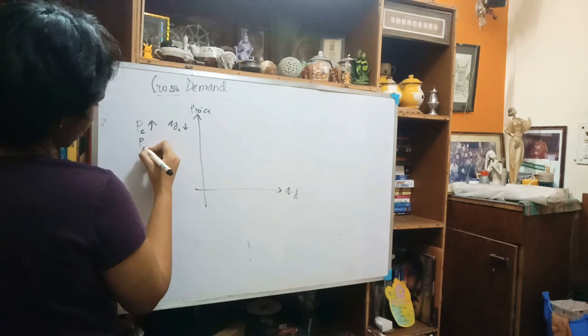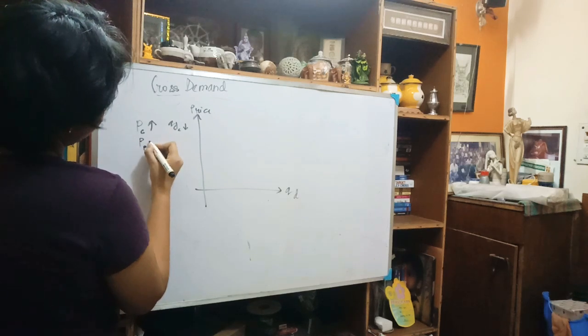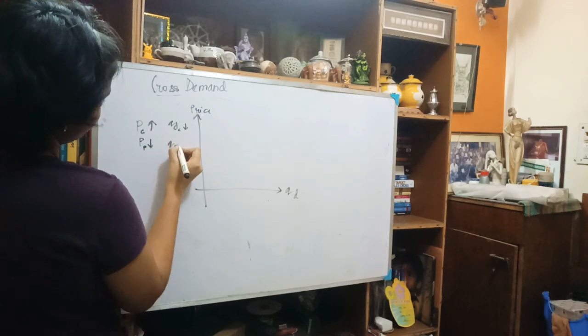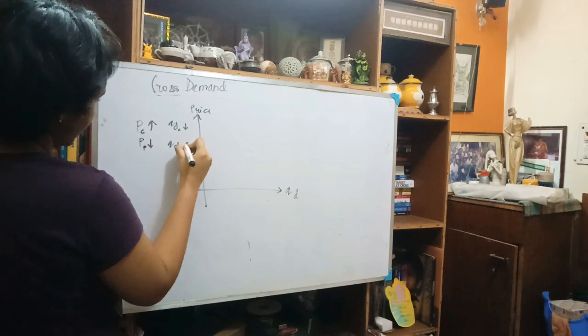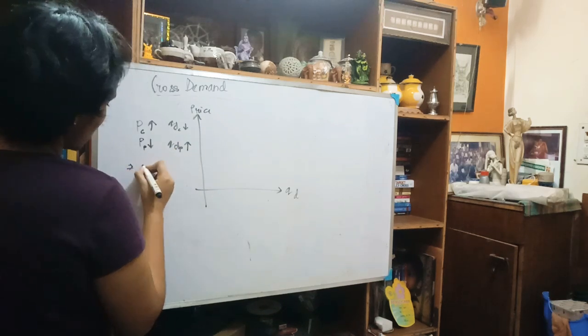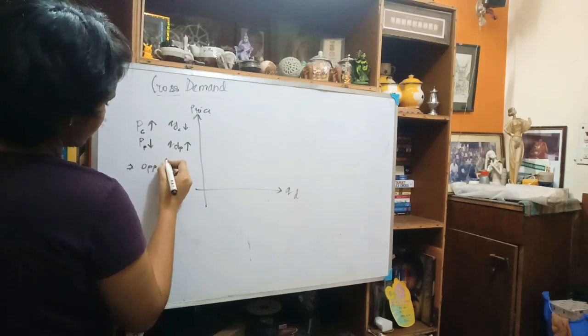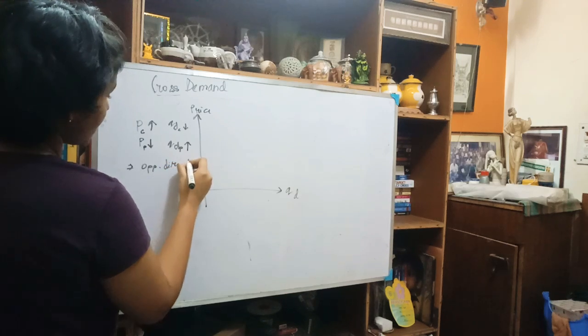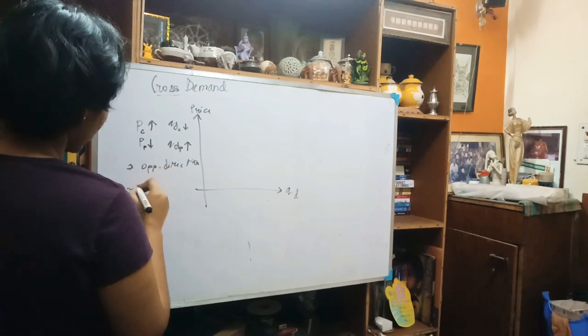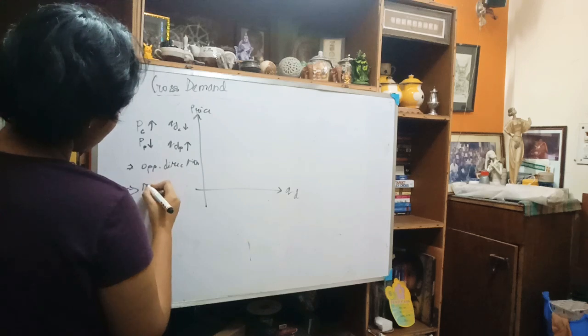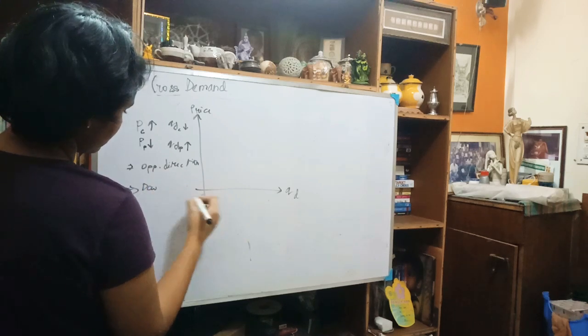Price of Pepsi decreases, quantity demanded for Pepsi increases. So what are they? Opposite direction. We know how the curve is? The curve is downward sloping.